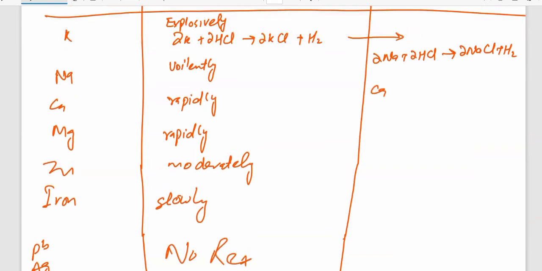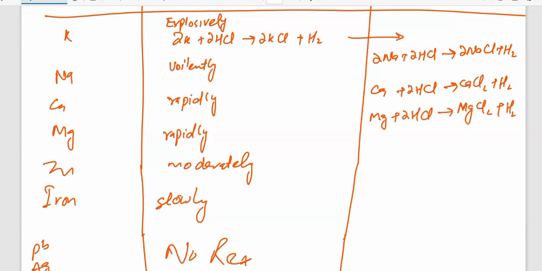For calcium, we react it with 2HCl, and we'll see that CaCl2 will be formed plus hydrogen. When magnesium is allowed to react with 2HCl, this is aqueous and this is solid. I'm not writing the state symbols because time is very short, you can understand. The next is zinc.